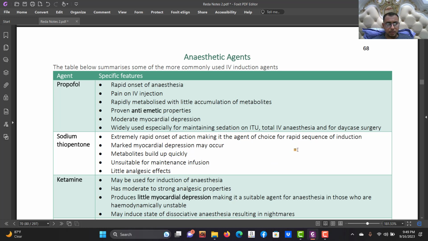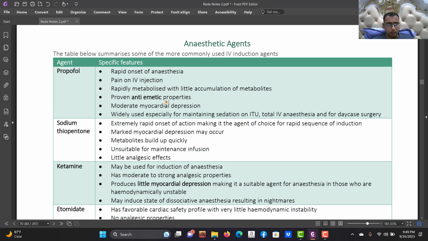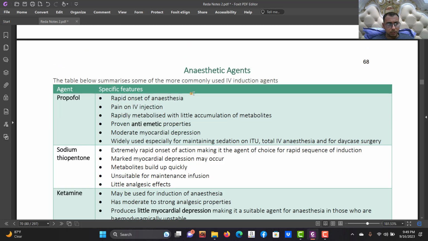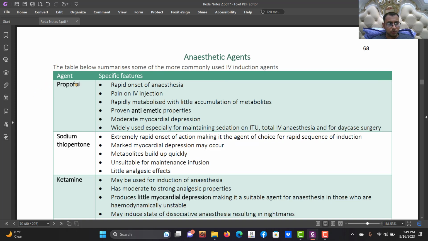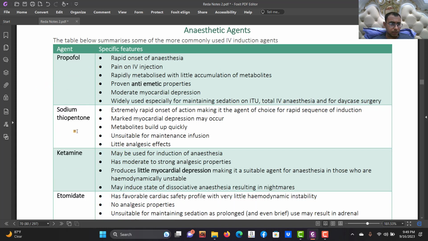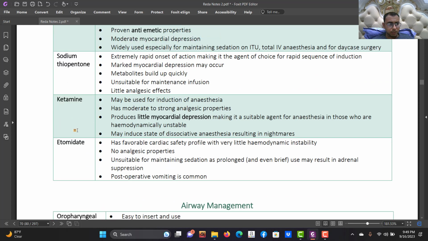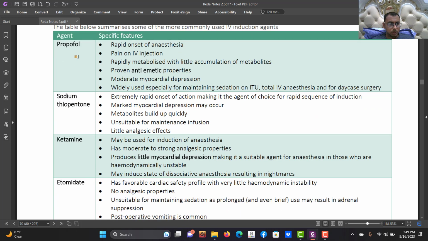Now we can look at total intravenous anesthesia, TIVA, most probably called the IV induction agents. These are propofol, sodium thiopentone, ketamine and etomidate, and they are widely used.